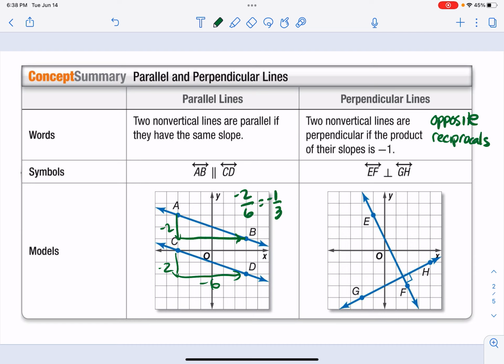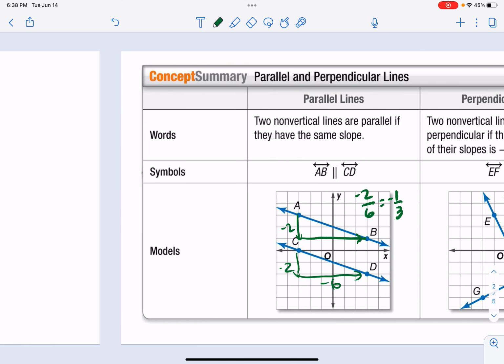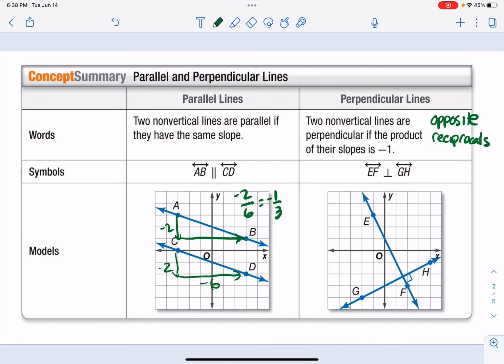Okay, so let's look at line EF. For line EF, I go down 6, and I'm going to go over to the right 3. So that is a slope of -2.